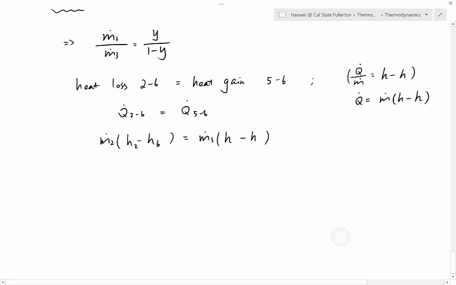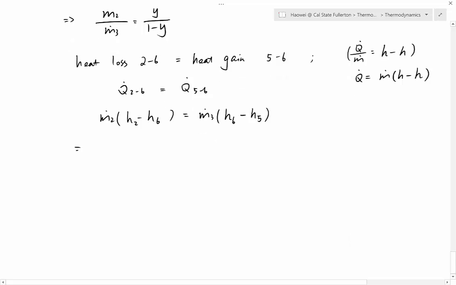So we use h6 minus h5. And from here, we can rewrite this equation to m dot 2 over m dot 3 equal to h6 minus h5 divided by h2 minus h6.